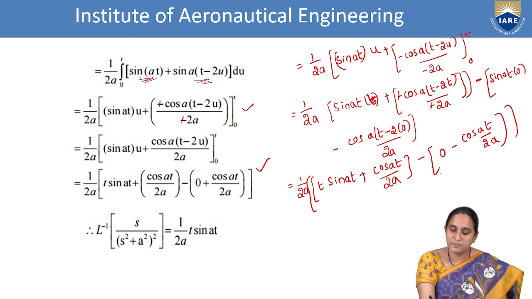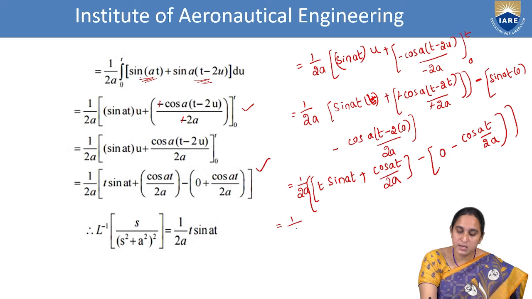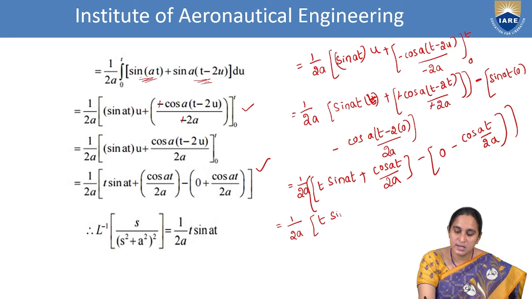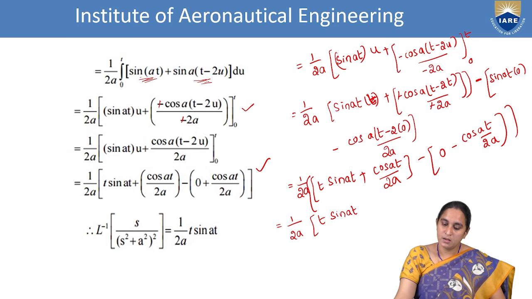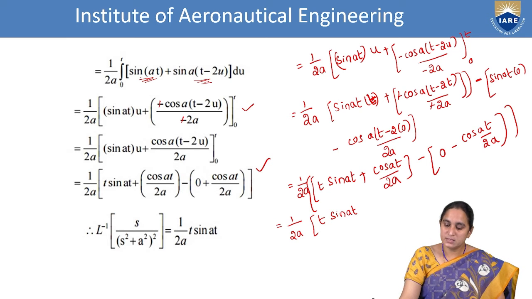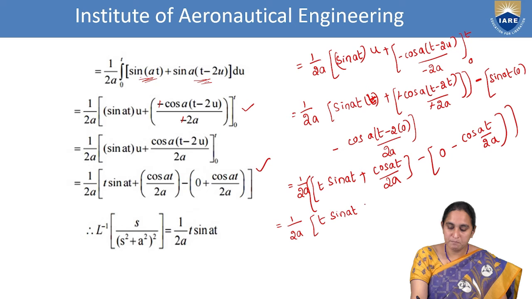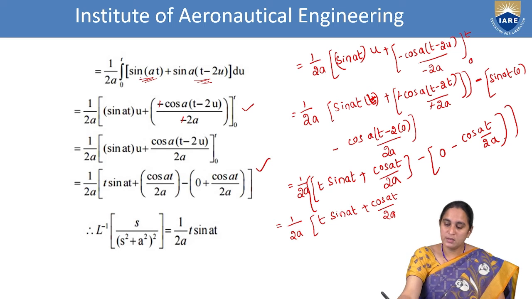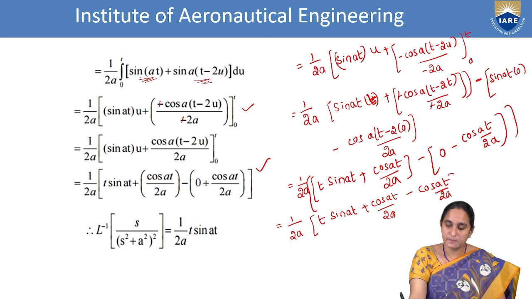Okay, next step: 1 by 2a into t sin at plus cos at by 2a, and here minus cos at by 2a.